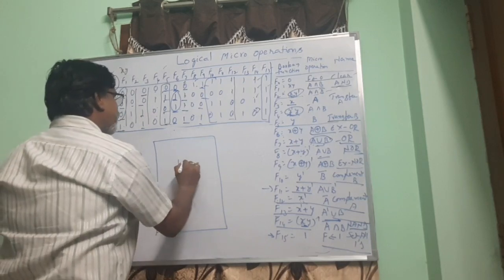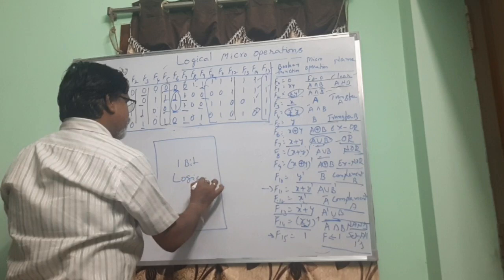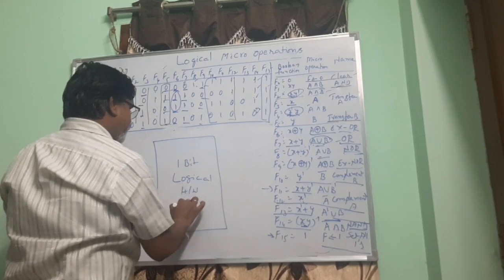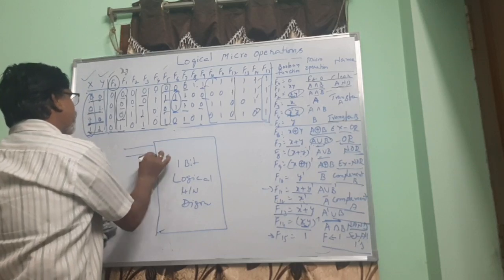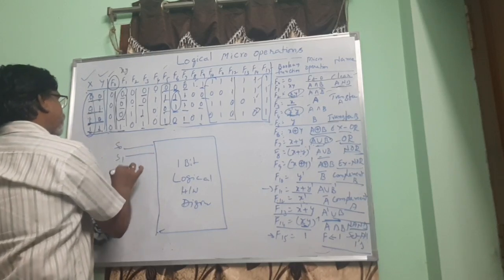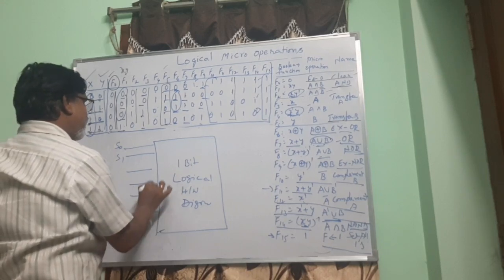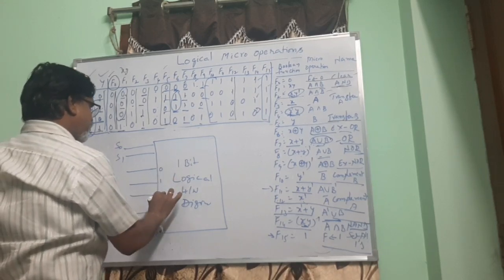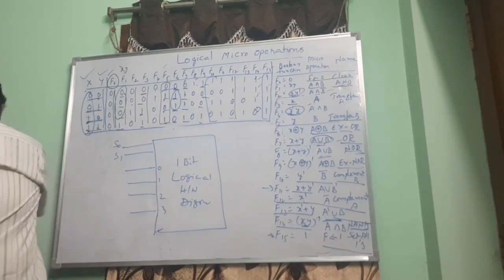So here we will see the 1-bit logical hardware diagram, with S0, S1 and inputs 0, 1, 2, 3. Can anybody tell what this diagram stands for?